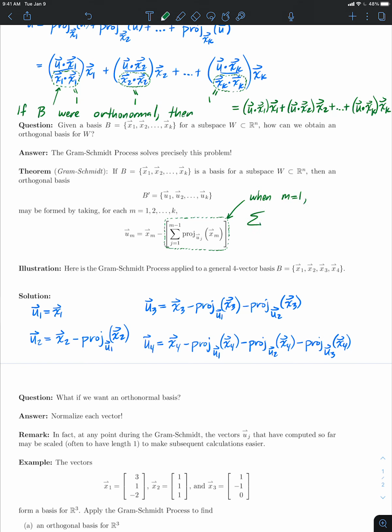then you have the sum from j equals 1 to, well, if m equals 1, 1 minus 1 is 0. So you've got the sum from j equals 1 to 0 of the projection of xm onto uj. Remember how to interpret these. You start with the first index of j equals 1.